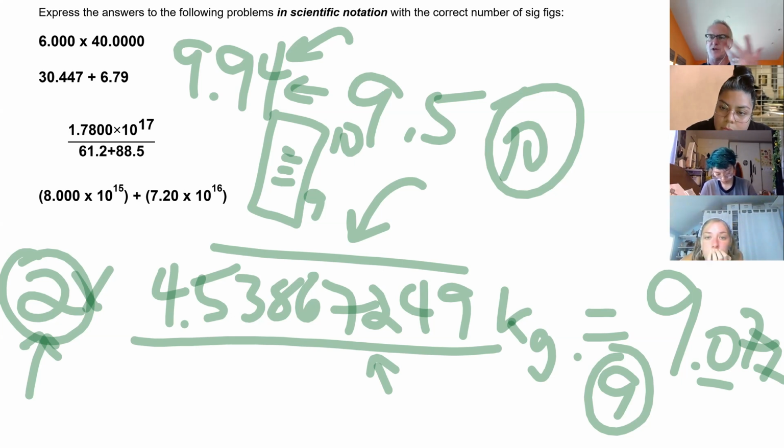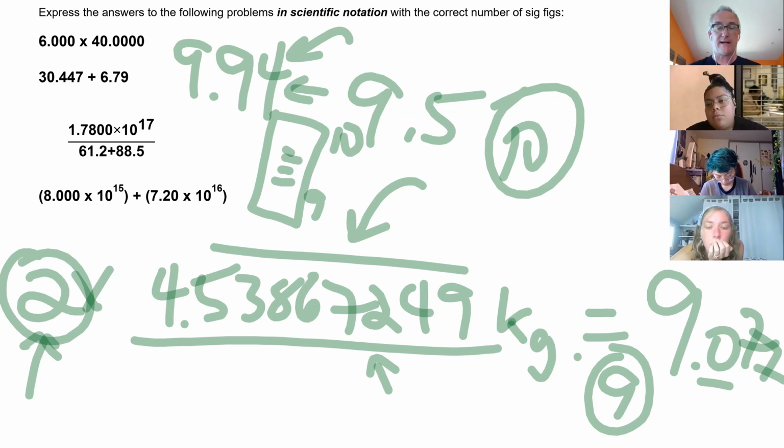Like if you're dosing a patient with a drug, you've got to be precise. You can't say it's around 2 milligrams per kilogram. Well, no, not if 2.1 milligrams will kill them. You have to know how precise your numbers are. Okay?